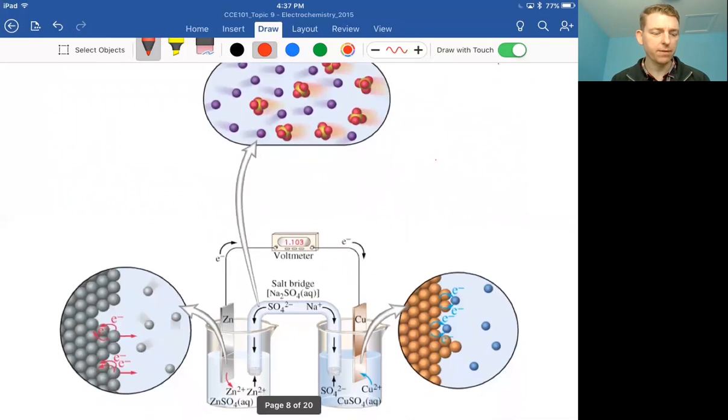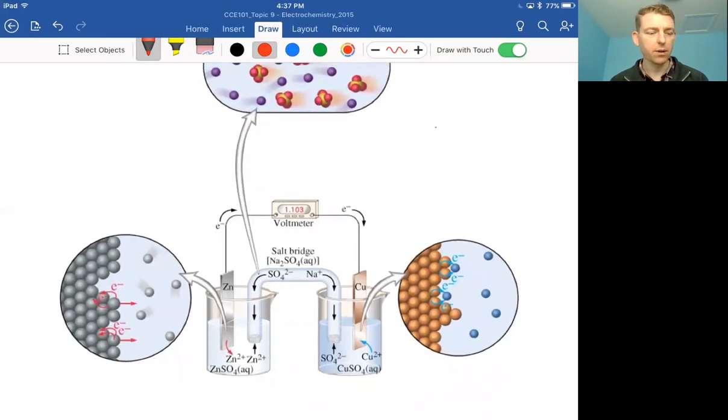And there's an image of it drawn in your notes. So in the diagram as it's shown, we've got a zinc electrode and a copper electrode. On the zinc side, we've got some zinc sulfate solution, so there's going to be some zinc ions in solution as well as the zinc metal.